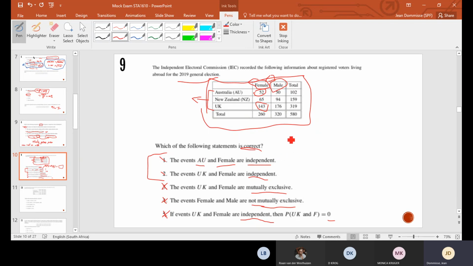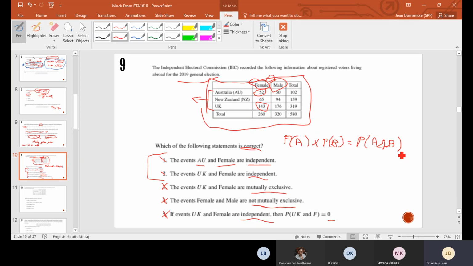And the rule for independence is that something is independent if the probability of A times the probability of B is equal to the probability of A and B. So if that is true, then we know something is independent.